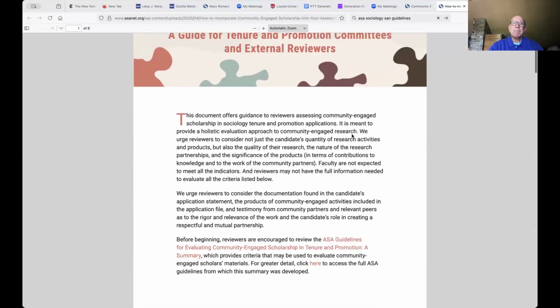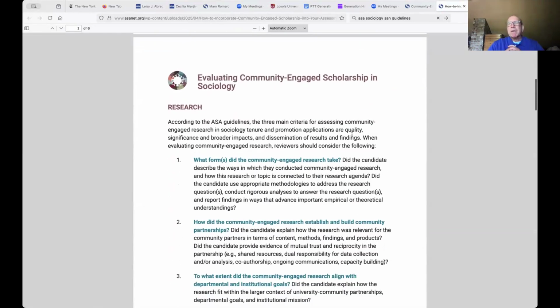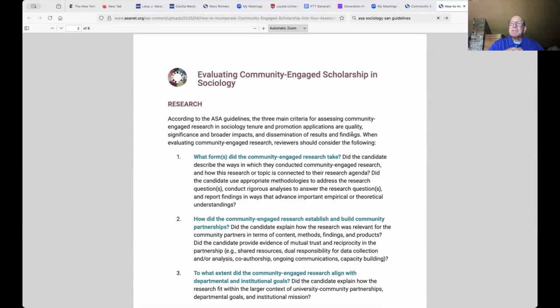And this we believe is very important because more and more faculty are open to valuing and including community engaged scholarship, but many of these more, let us say, traditional sociologists don't know how to evaluate it. And I do hear a lot like, we would like to incorporate this, but we don't know how to evaluate it.